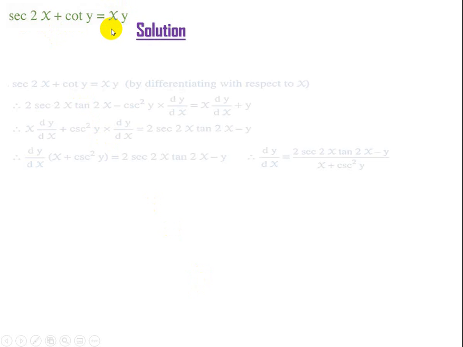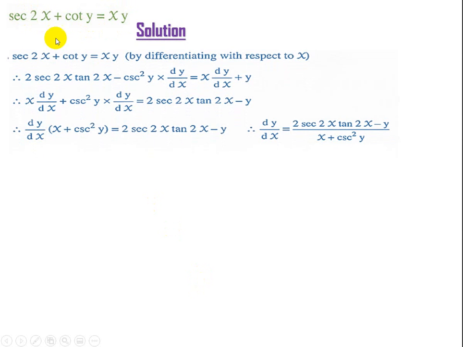Example number 2. sec 2x + cot y = xy. Differentiating with respect to x, it will be 2 sec 2x tan 2x - cosec^2 y times dy/dx, and here is a product of two functions: bring down x, derivative of y is dy/dx, bring down y, derivative of x is 1.